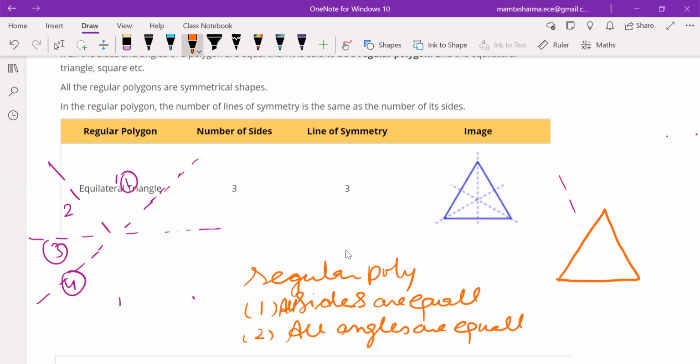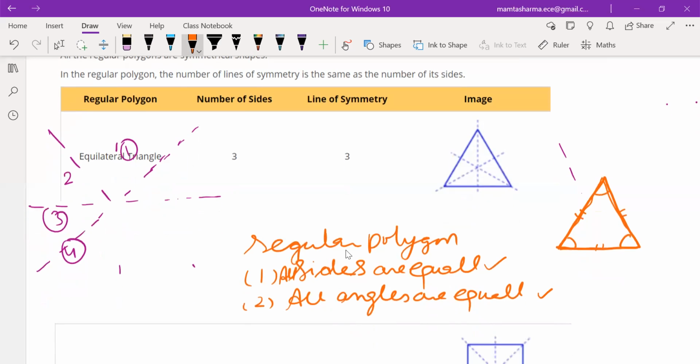Now, what is the definition of an equilateral triangle? All three sides are equal and all three angles are the same. It means this is a regular polygon. Now tell me, how many sides are there in an equilateral triangle?